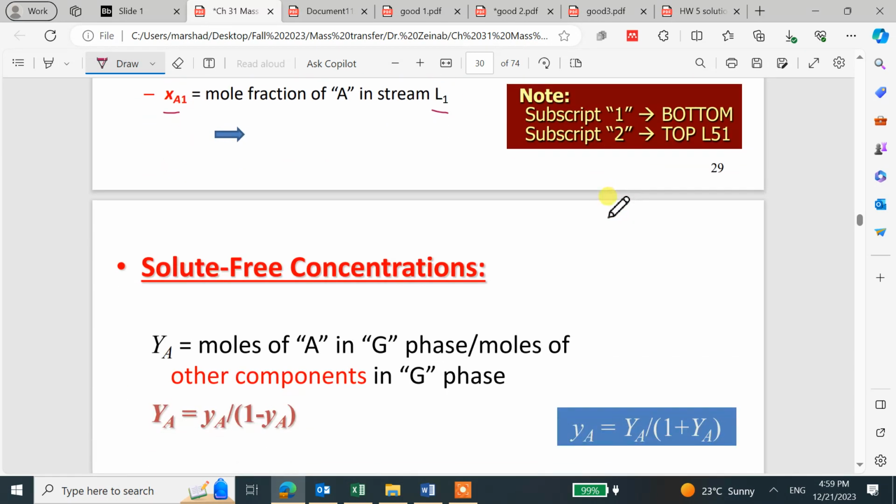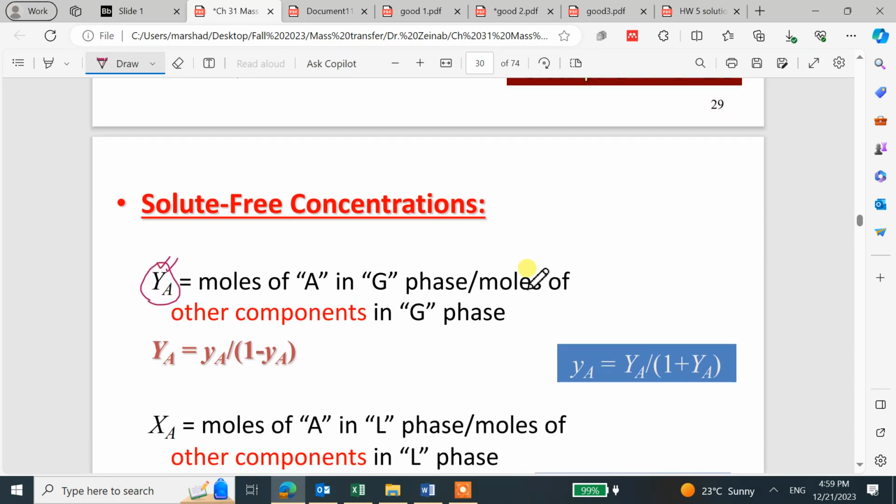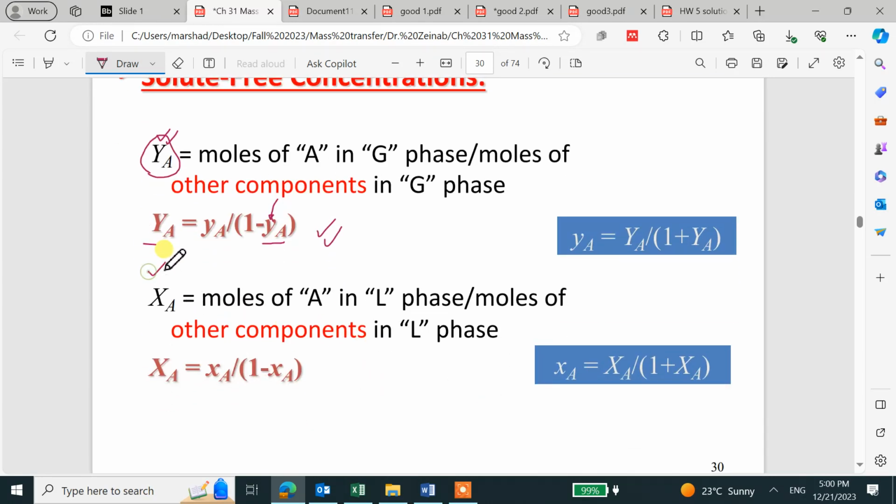So what we do is express in terms of solute-free mole fraction. Capital Ya is ya over 1 minus ya. Similarly, capital Xa is xa over 1 minus xa.